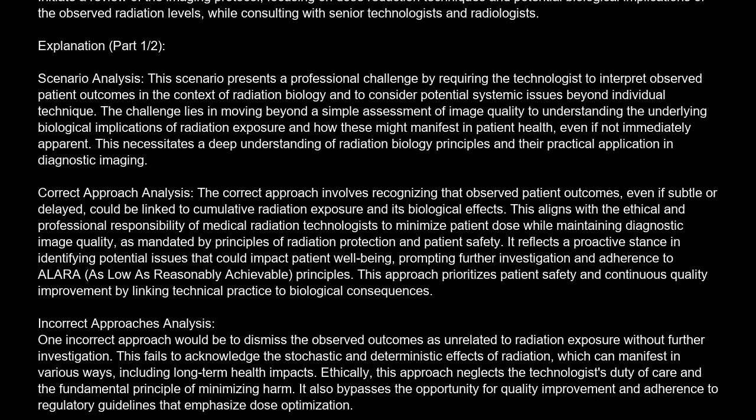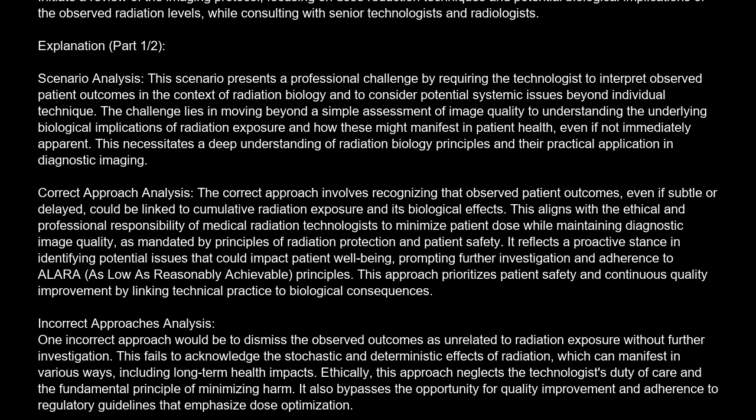It reflects a proactive stance in identifying potential issues that could impact patient well-being, prompting further investigation and adherence to ALARA, as low as reasonably achievable, principles. This approach prioritizes patient safety and continuous quality improvement by linking technical practice to biological consequences.